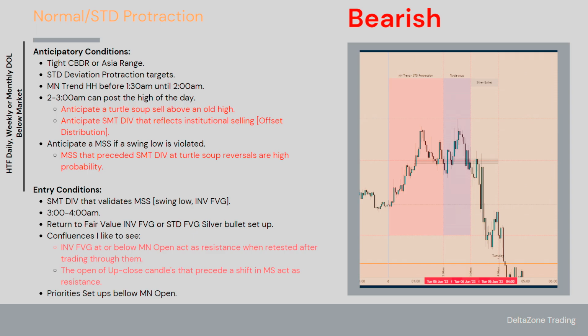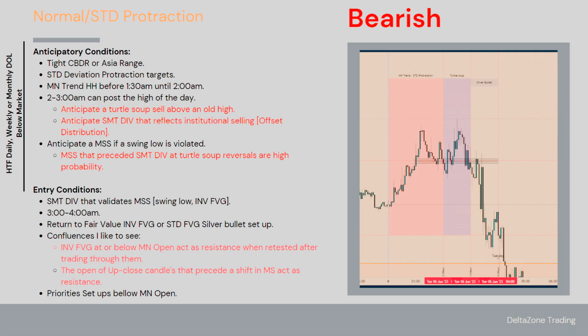Starting with the anticipatory conditions, this profile is highly dependent on the previous day's central bank dealers range and Asian range. These should be relatively tight, and they shouldn't exceed more than 25 to say 30 pips. Even 20 pips would be considered quite a large range, especially in Asia.